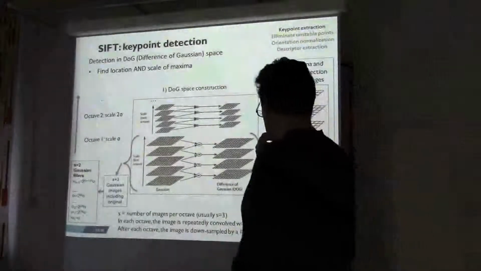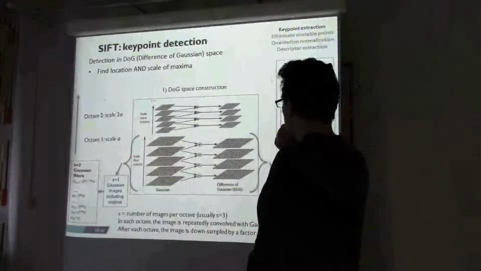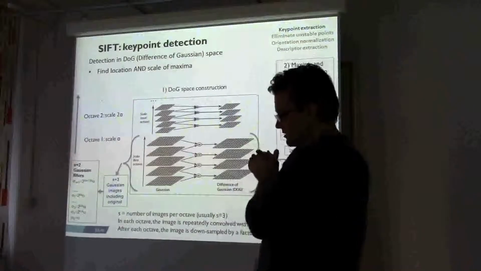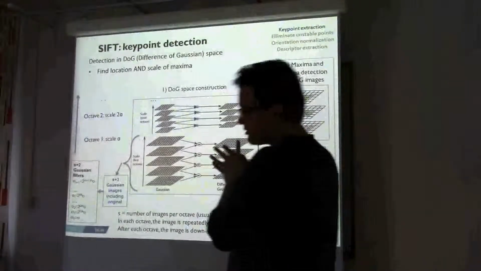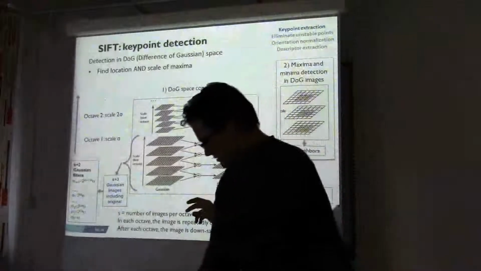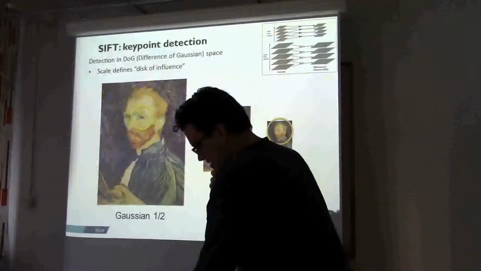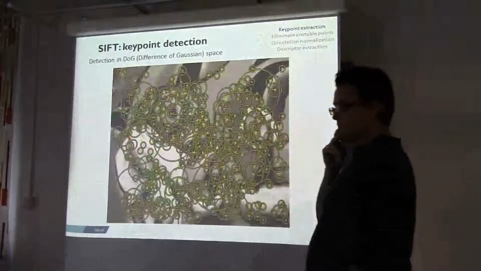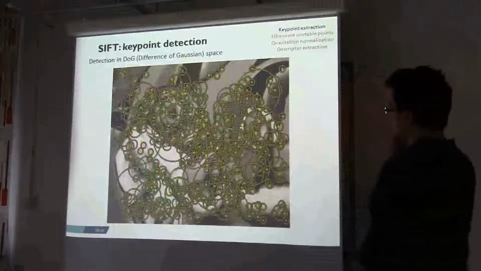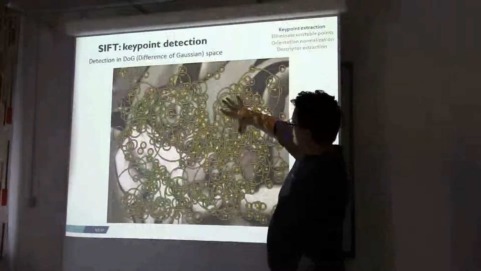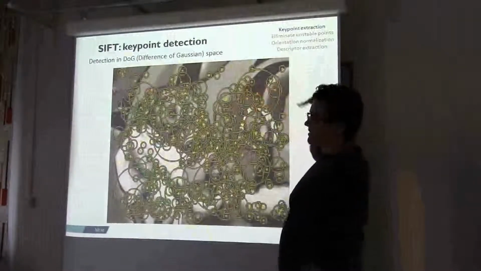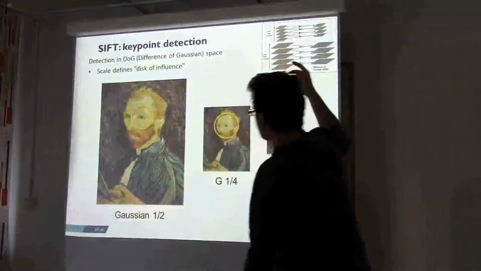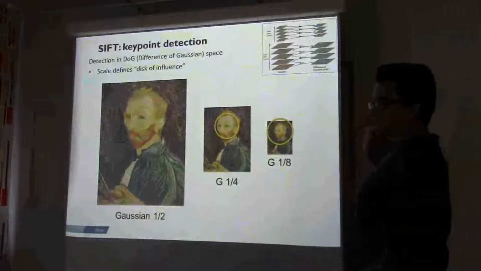You can find these details in the SIFT paper, but the idea is reducing the image and finding points in the difference of Gaussian. And then you get a lot of points in your image. And this circle here is representing the scale where it has been detected. Effectively, the sigma of your Gaussian.